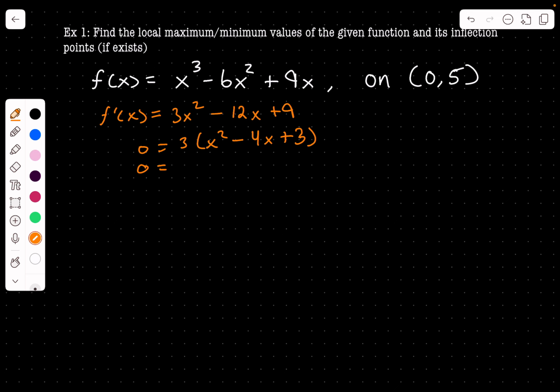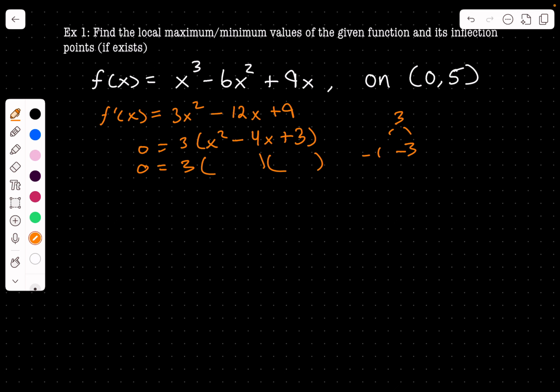Now, we can factor this massive thing into two tinier ones, right? And to factor it, we just take 3 and we look at the factors of 3. And we ask ourselves, okay, when added or multiplied, which one gives us this -4?